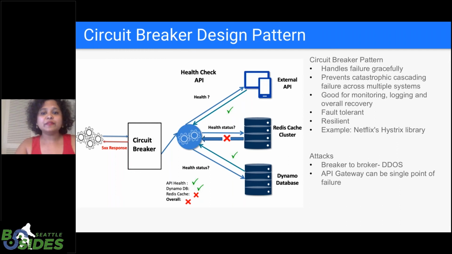When multiple services communicate with each other to serve the number of requests, there are many possibilities that the services are unavailable and are not responding. For example, this is a health check app, and it is connected to Redis cluster and DynamoDB and some external APIs. Let's say the Redis cluster is down.